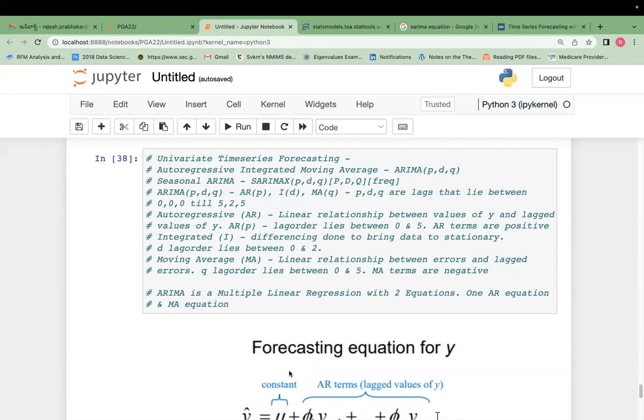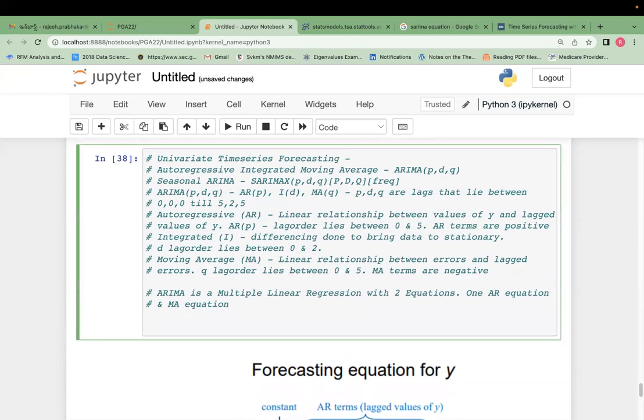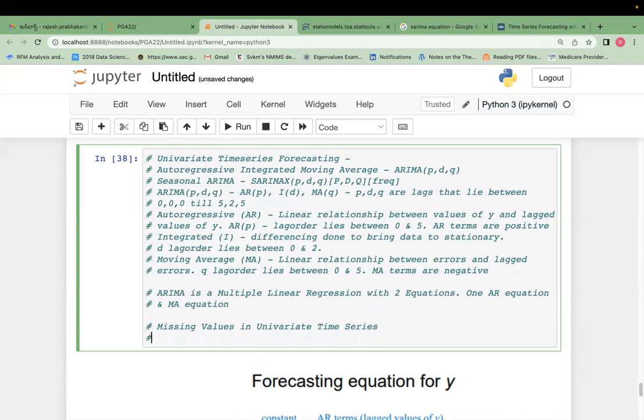And one important thing you need to understand is that missing values are handled differently here. Missing values in univariate time series: we have forward fill, or F fill, which replaces NA with the next value.